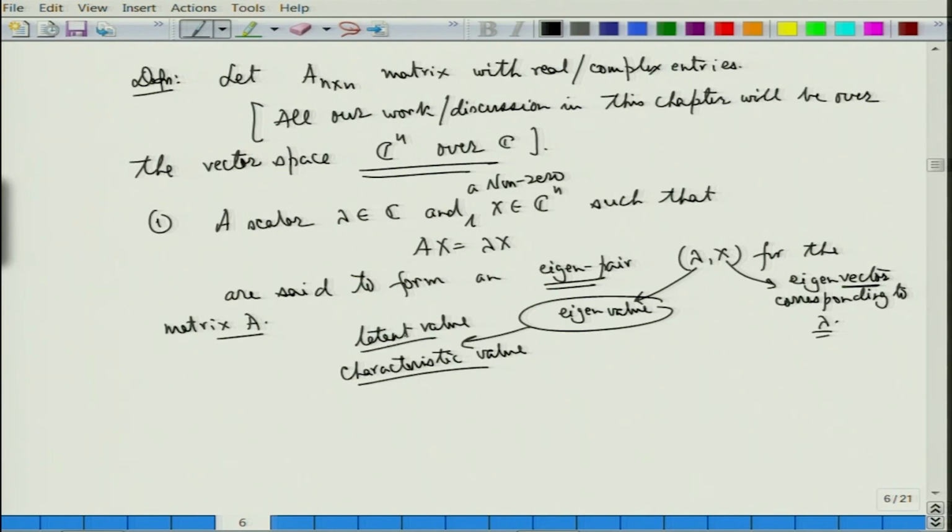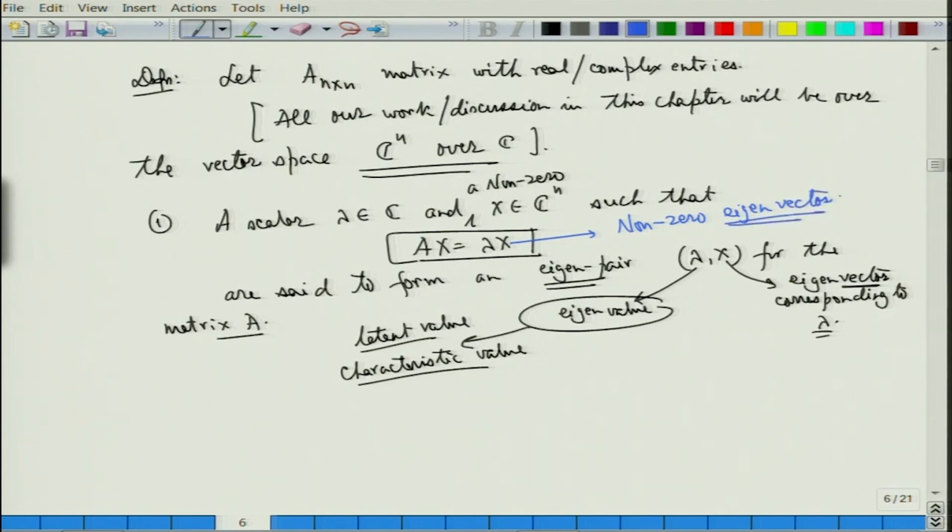I will not get into those parts, but find out yourself: latent root, latent value, characteristic root, characteristic value, and so on. There are so many names, but the idea is simple, that you are looking at the system Ax equal to lambda x, and you want lambda to be a scalar complex number and x to be a non-zero eigenvector. This non-zero x is very important. 0 is not allowed.